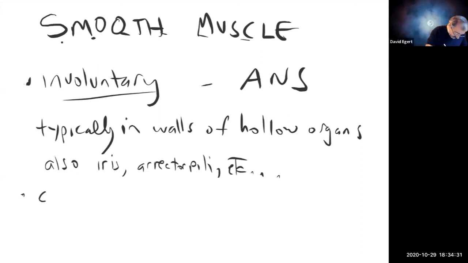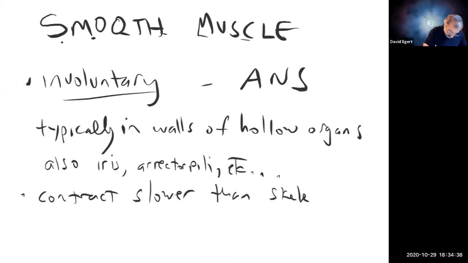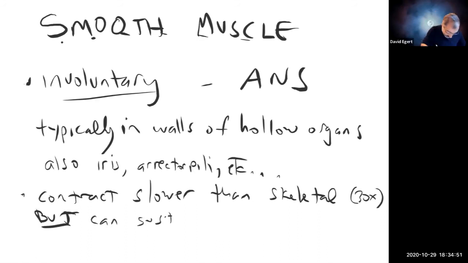They contract slower than skeletal muscle, maybe like 30 times slower, way slower, but can sustain contractions with much less ATP.